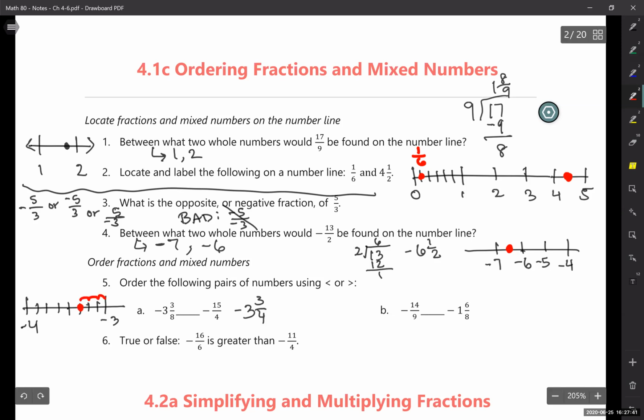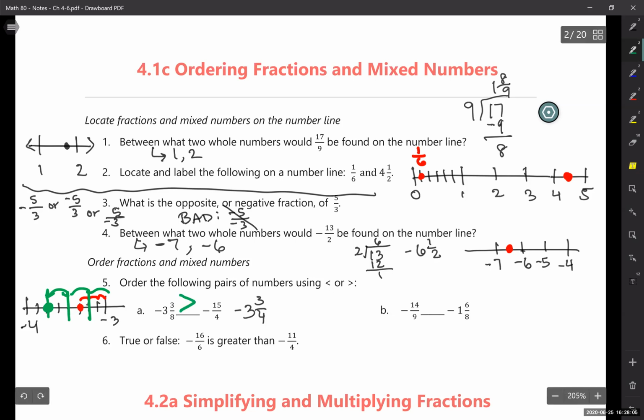Now I'll use a different color and I'm going to cut it into fourths. So those big green lines are fourths. And so -3 3/4 would be 1, 2, 3 right here. I can see that the 3 3/4 is farther to the left, so that will be the smaller number.